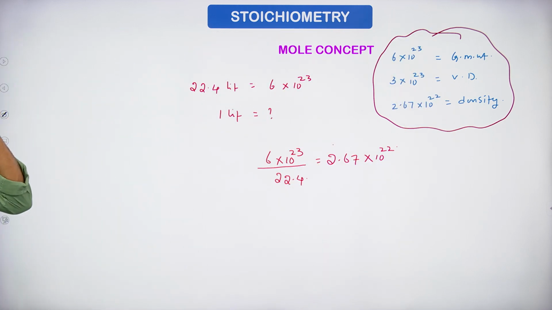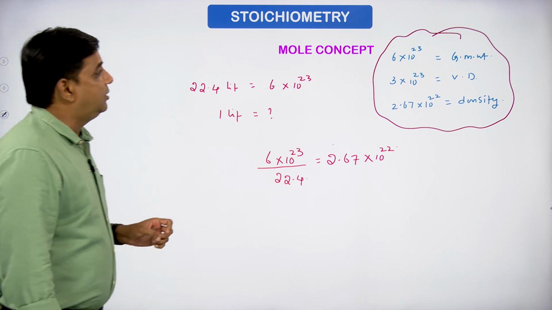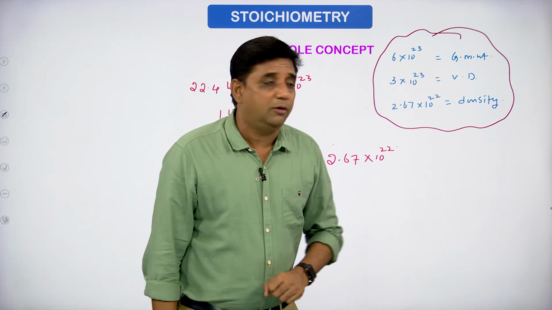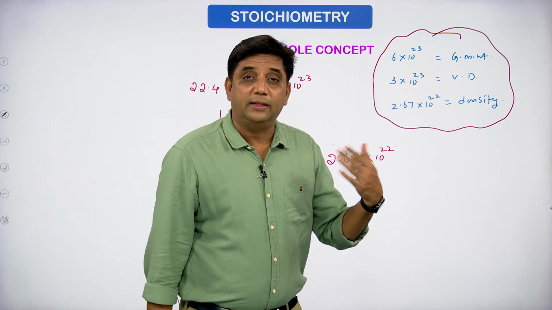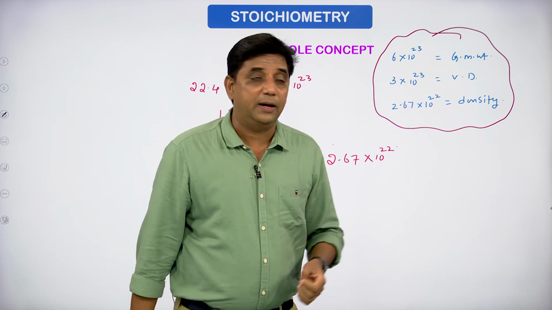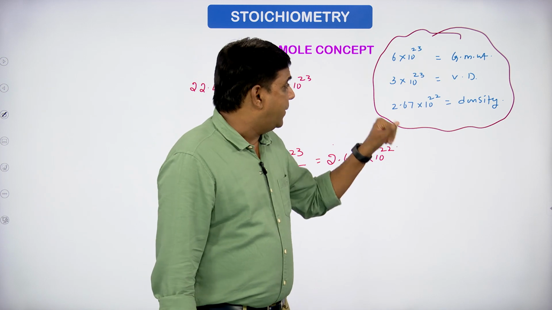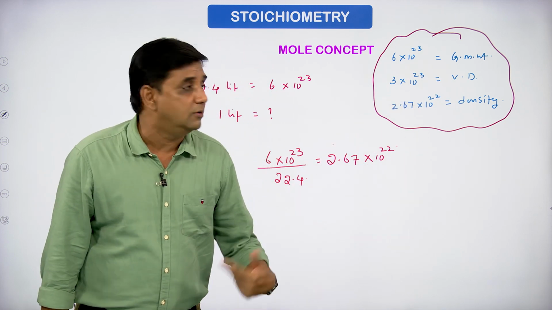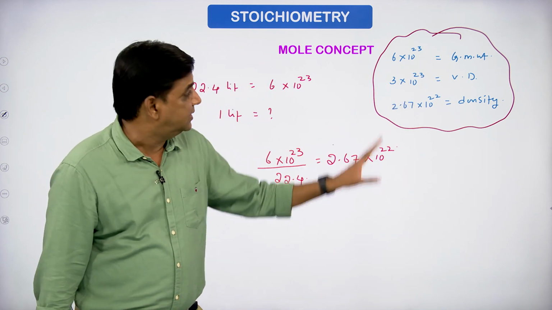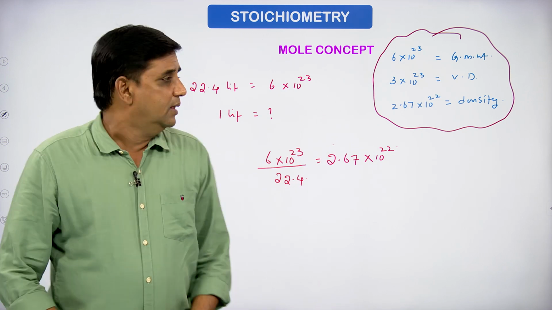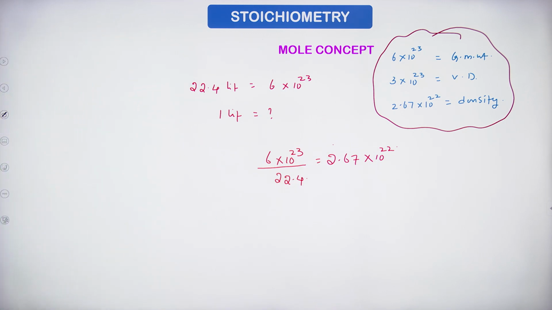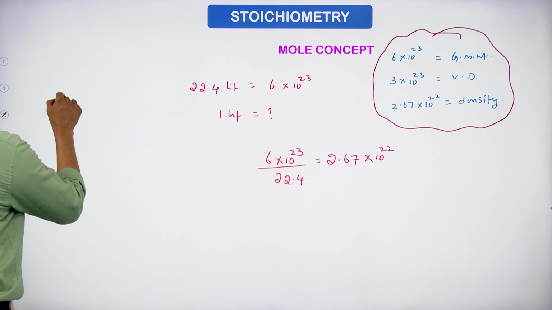Like this, 6 into 10 power 23 molecules mass is nothing but the gram molecular weight. 3 into 10 power 23 molecules mass is nothing but the vapor density. That is applicable in case of gaseous substance. And 2.67 into 10 power 22 molecules mass is nothing but the density.